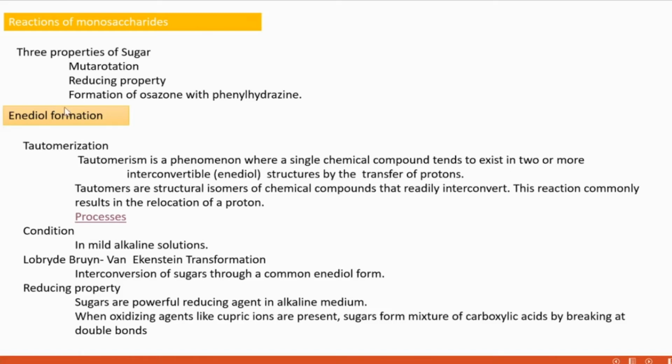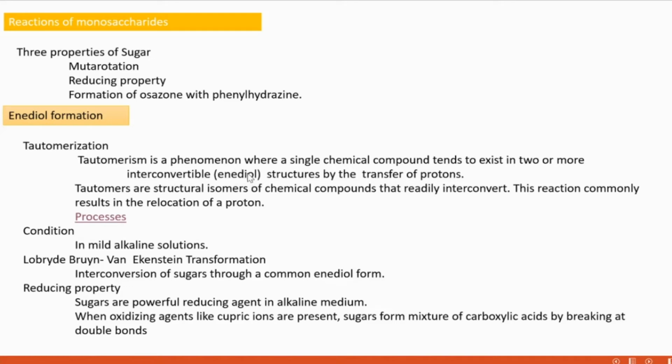So that property we are going to see first. It is connected with the formation of an enediol. And connecting with that, we need to understand a chemical phenomenon called tautomerization. Tautomerization, I think you have already learned in your chemistry during your PG class. Anyway, I am once more explaining what tautomerism is. Tautomerism means a single chemical compound exists in an intermediate form, the enediol form.